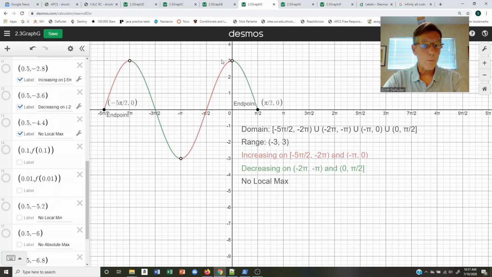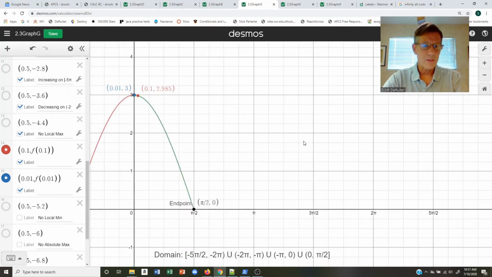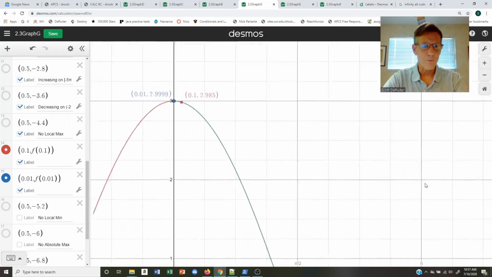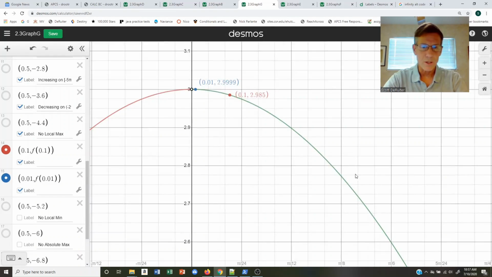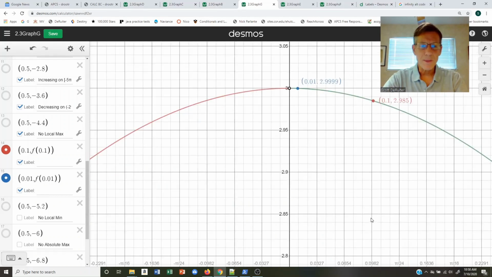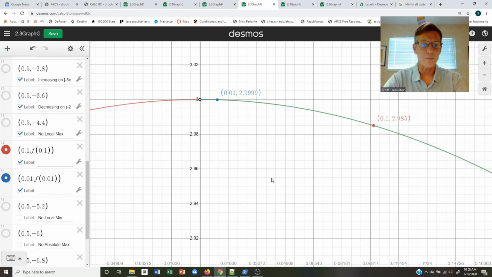There's no local max, and that might be a little surprising, but there's just no local max. And if we try something like close to x equals 0, like 1/10 or 1/1000, maybe that's where the local max is. If we zoom in on that pair of points, or one of those points, we notice that there's always something that's bigger, right? If we were to get a little bit closer to 0, we could get something that is bigger.